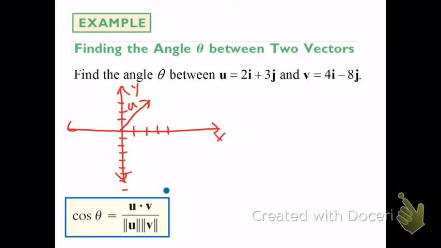Okay, so that's our terminal point. Let's change the color so we have a different color for this one. Try purple out here. So here's our vector v. And so we're looking for the angle in between these two. And that angle we're going to call theta.